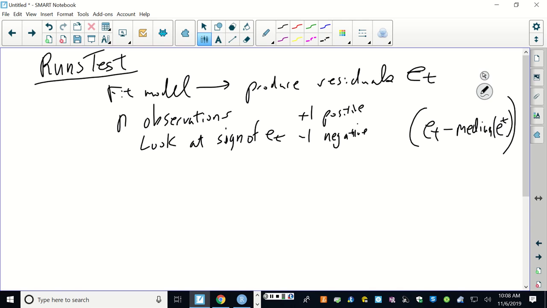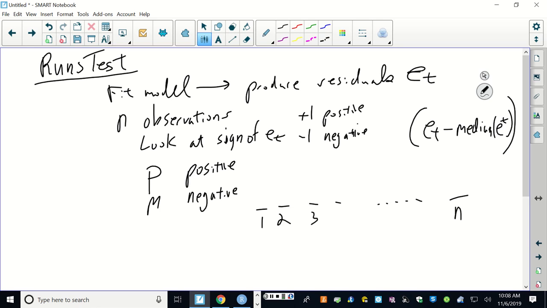But the idea is kind of the same, right? So we have P positive residuals, and we have M negative residuals, and we're going to put those in order over our different time periods, up to n. So this one might be positive, positive, negative, positive, and so on.